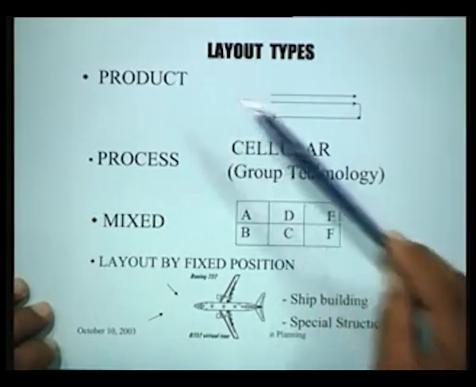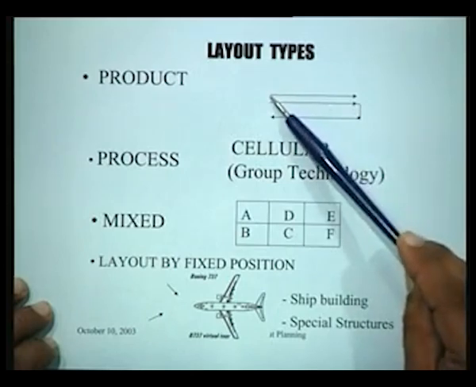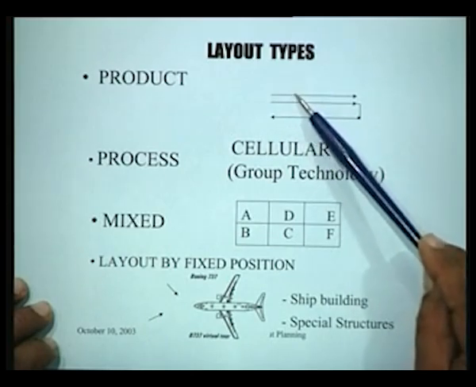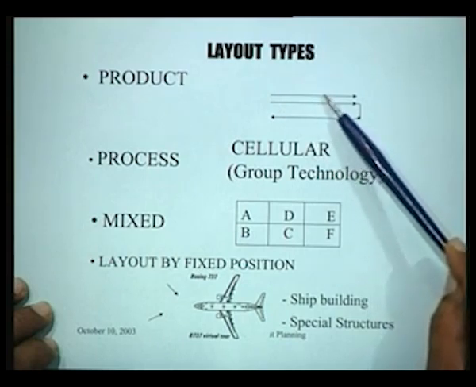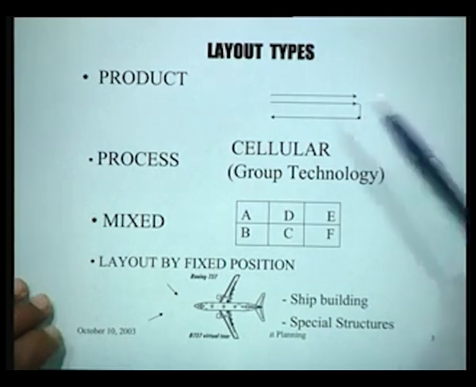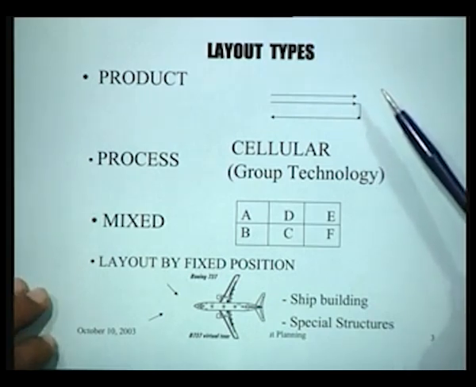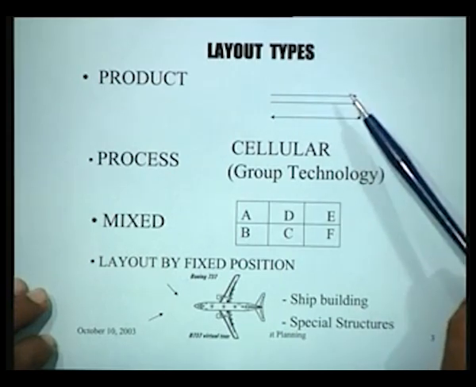A product layout is essentially one where a product enters the line on one side and you keep on performing different operations on the product till finally the finished product comes out on the other side. So all assembly lines, for instance, are typical examples of product layouts. The idea here is that the layout is dictated by the product.